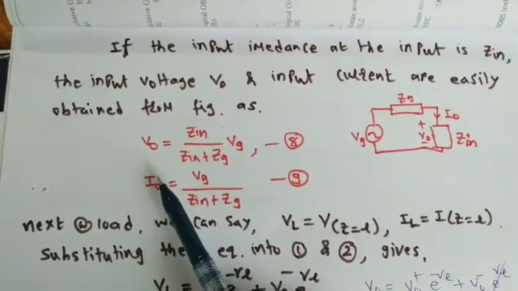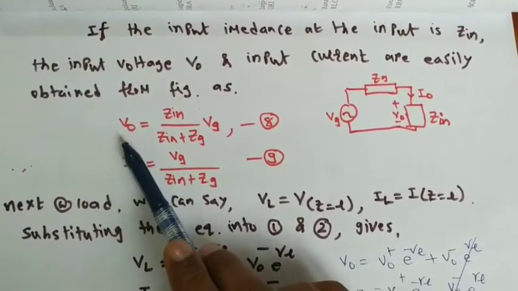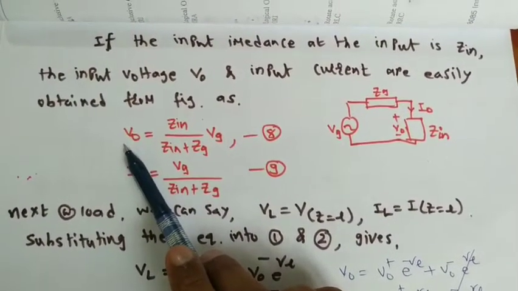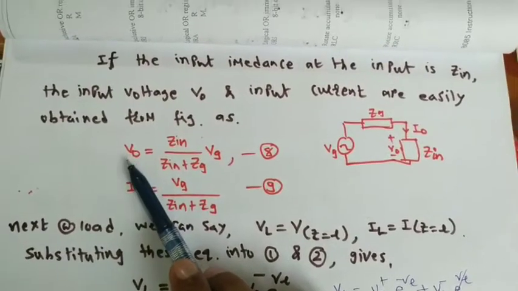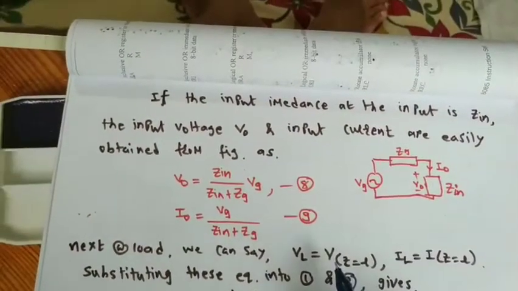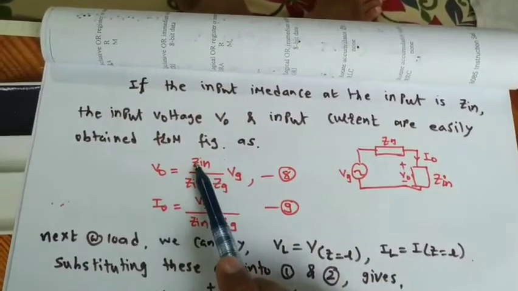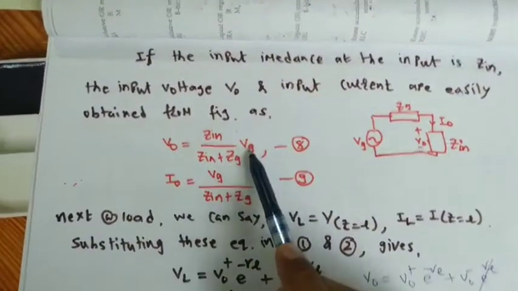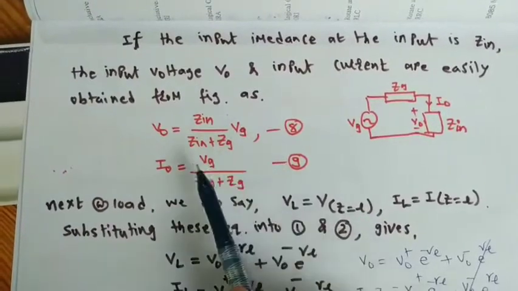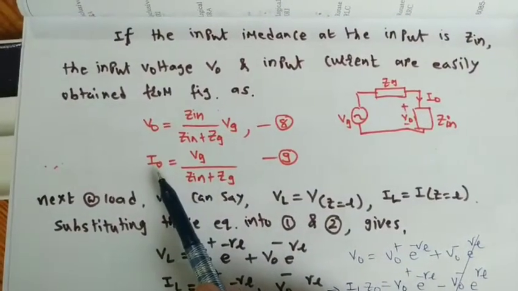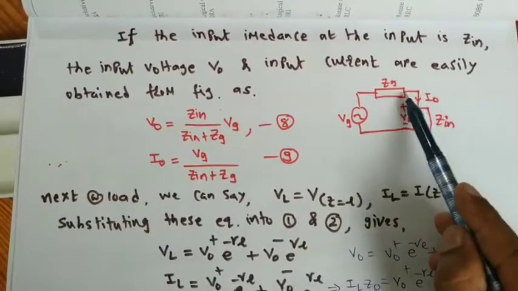So finally the voltage at z equal to 0 is Zin over Zin plus Zg times Vg. Same way, if I have to calculate the current, that is I0.